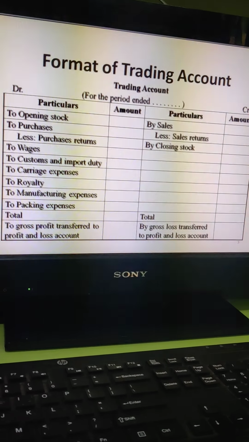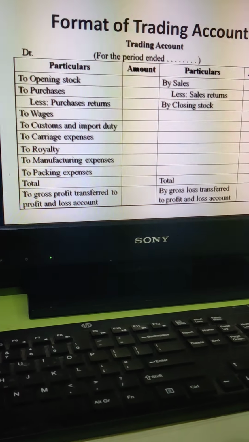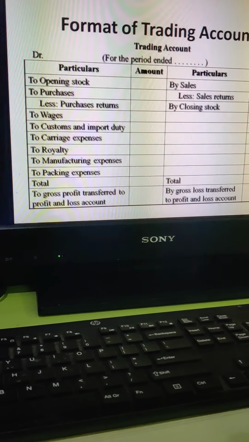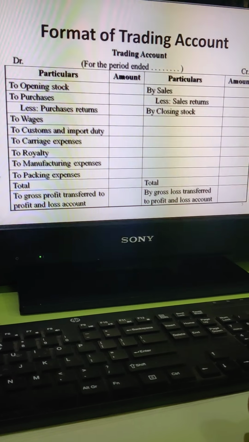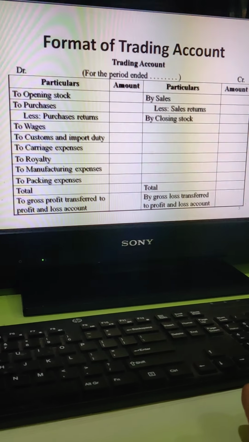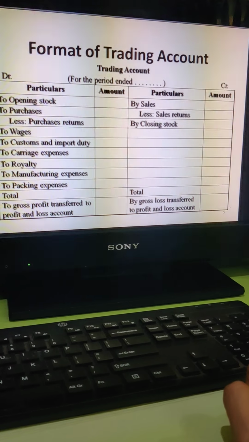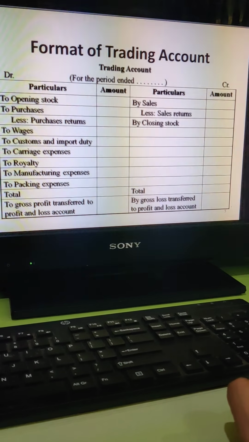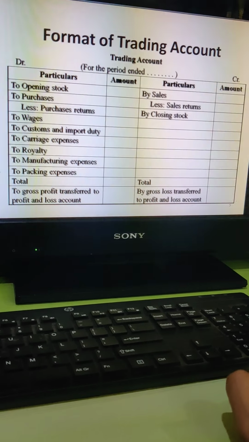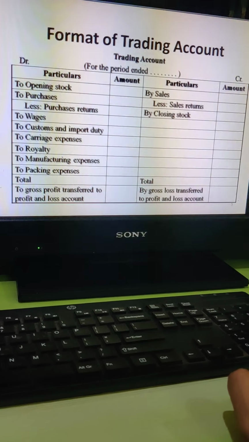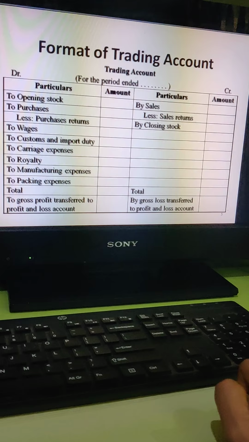So these are the expenses, in short, which are directly related to goods. All the expenses that are directly related to manufacturing or purchase of the goods appear on the debit side of the trading account. As you can see on the screen, we have debited all the expenses on the debit side, that is the left hand side.